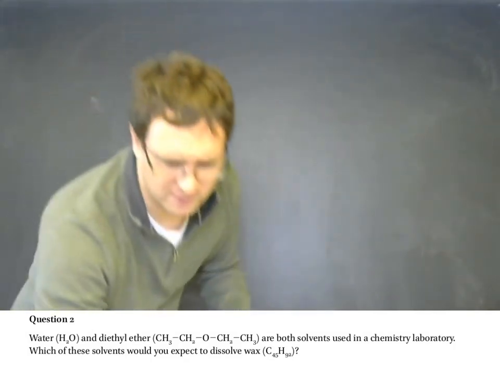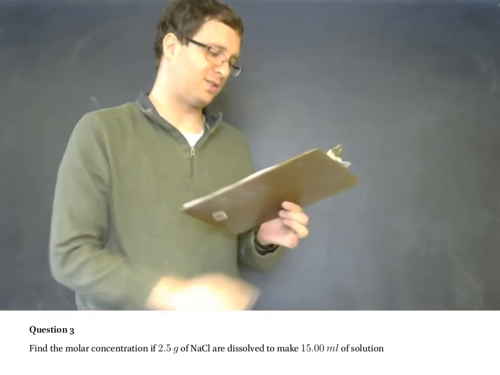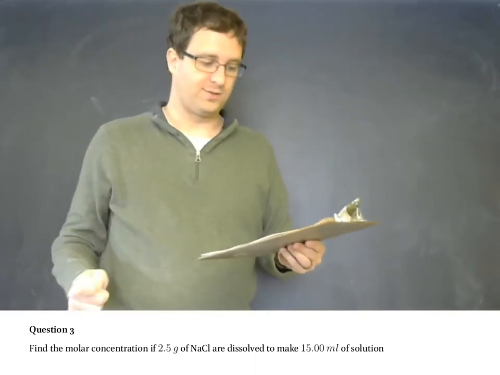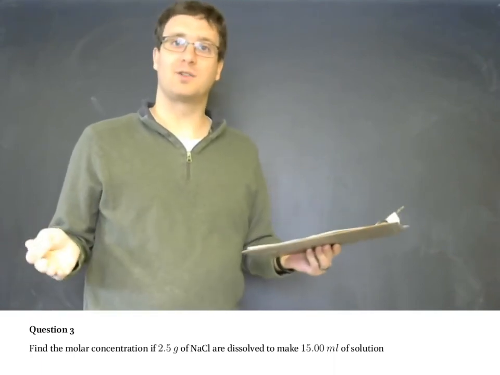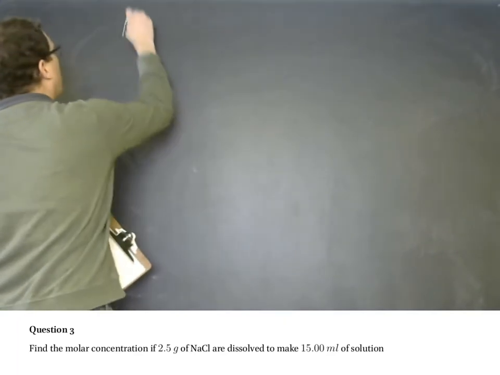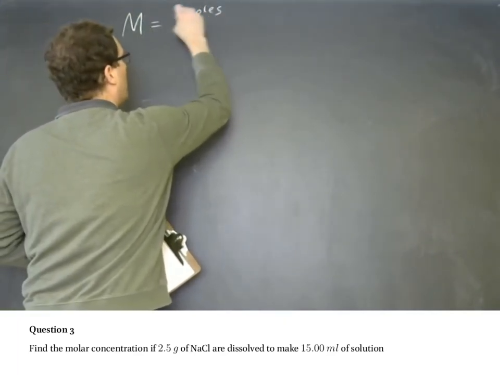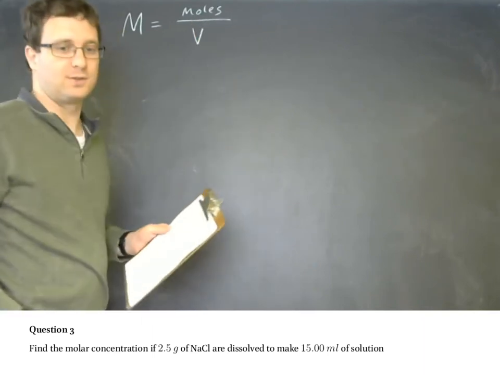Okay, these next 2 questions have to do with concentrations. So find the molar concentration if 2.5 grams of sodium chloride are dissolved to make 15 milliliters of solution. The molar concentration is equal to moles of solute over the volume of solution.